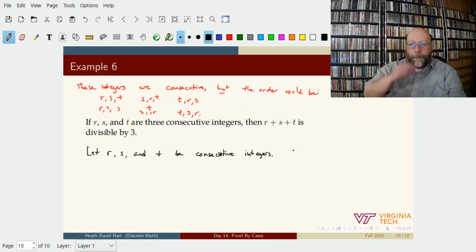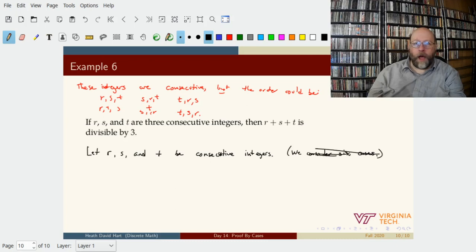I'm not going to say we are considering 6 cases. I'm not going to say that. And I'm not going to label the first case, case 1, because it's going to be my only case. I'm going to leave those 2 things out.